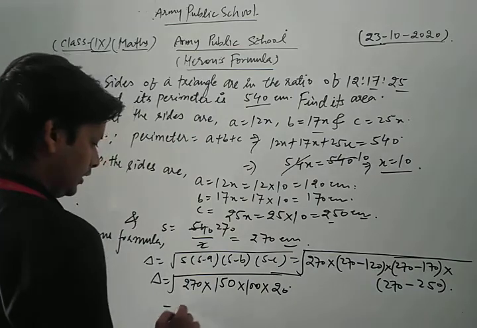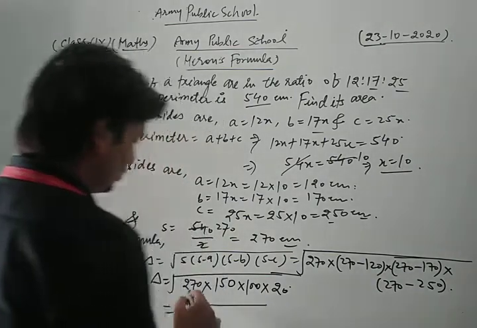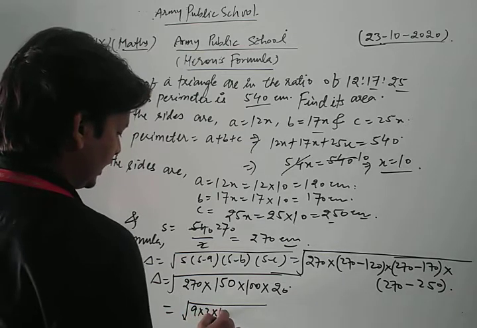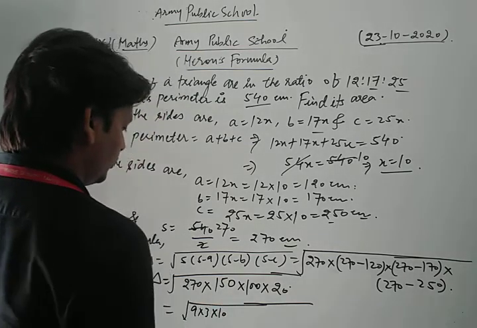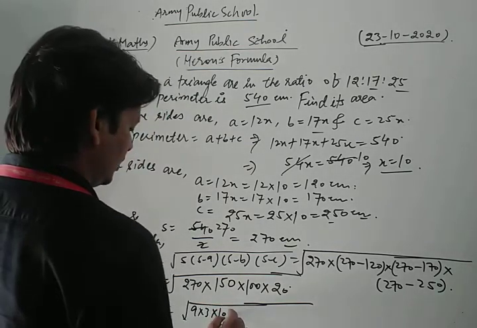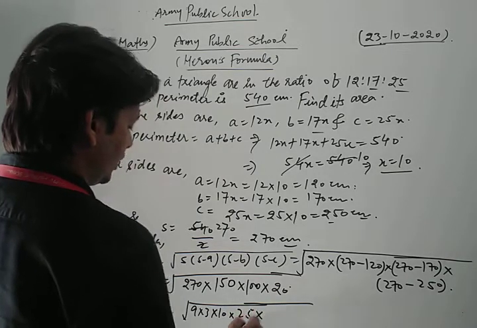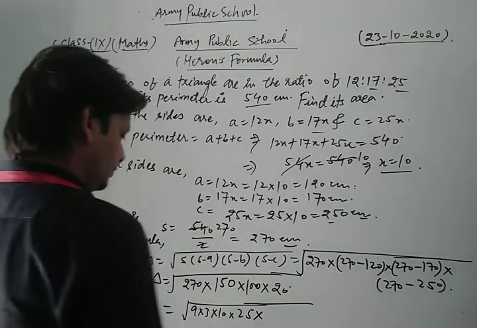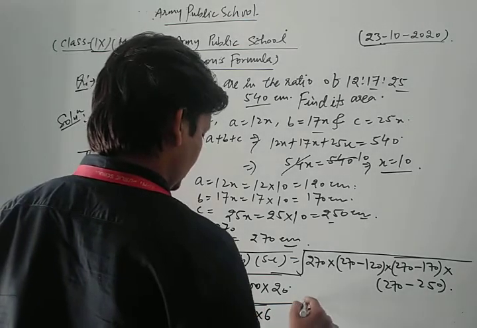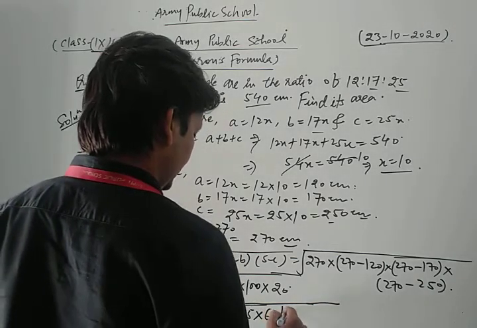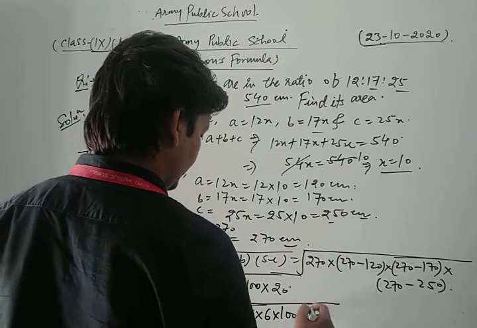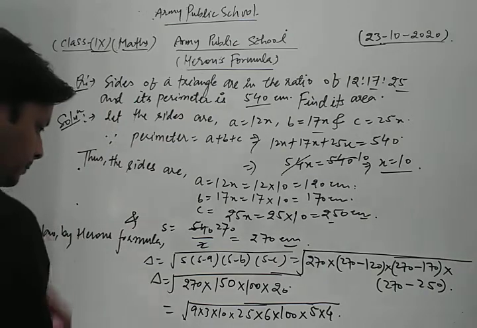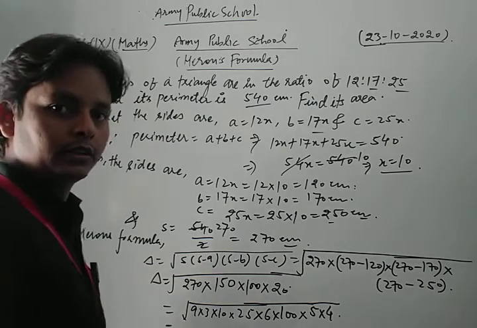Now we can write 27 as 9 times 3, 10 as it is, 150 as 25 into 6, 100 as it is, and 20 as 5 into 4.